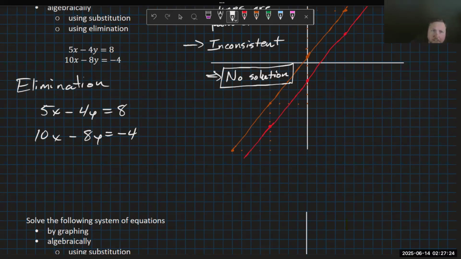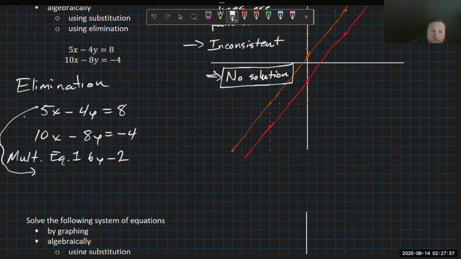So I'm looking at this and I see I can multiply equation 1 by negative 2. So if I do that, I get negative 10x plus 8y is equal to negative 16. And then I'm just going to leave the second equation alone because I'm already set up for success.